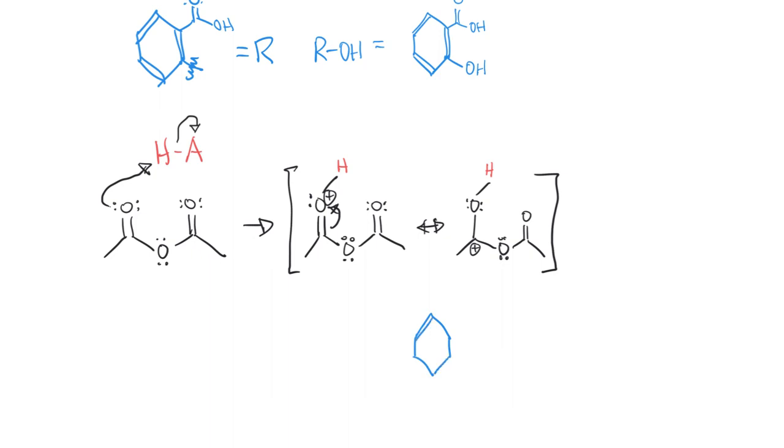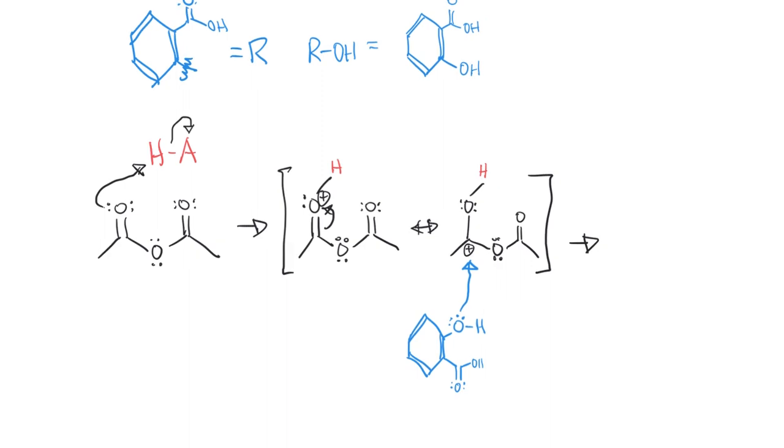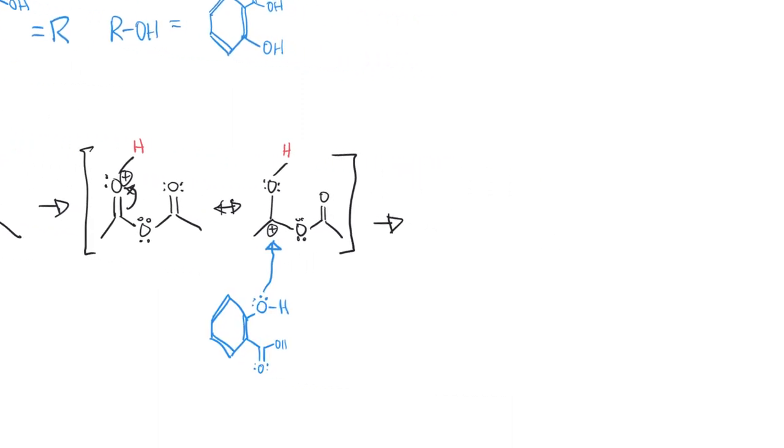The nucleophile is the electron-rich oxygen on the salicylic acid, the alcohol part specifically. One of those is going to come in and form a bond there. And so what we get in our next step is going to be this right here.